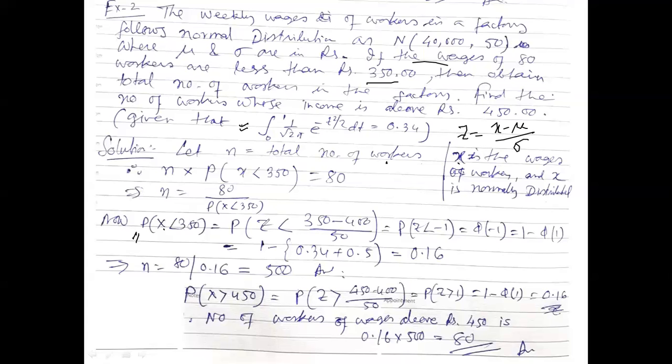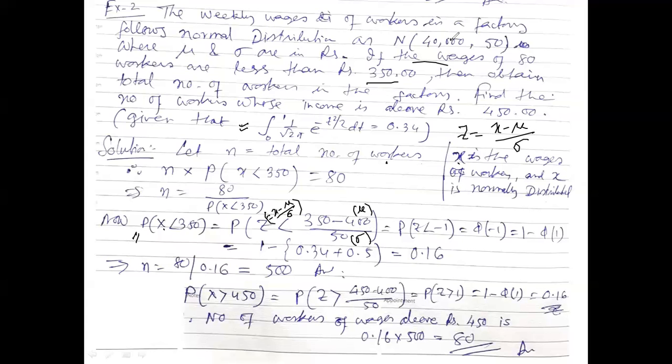So we write z instead of x in this case. Now 350 minus mu, this is the value of mu, and this is the value of sigma. So z is (350 minus mu) by sigma, which matches the formula.